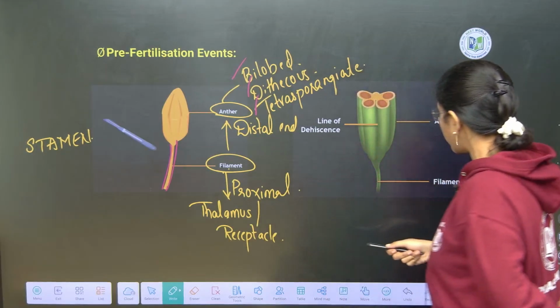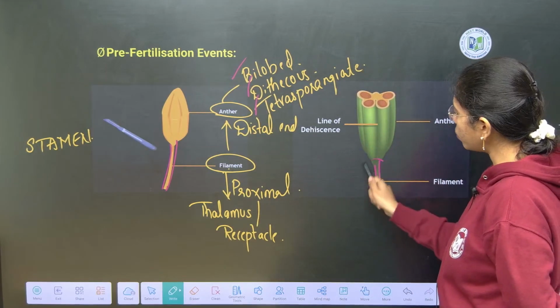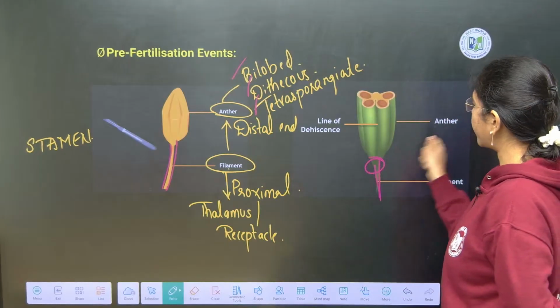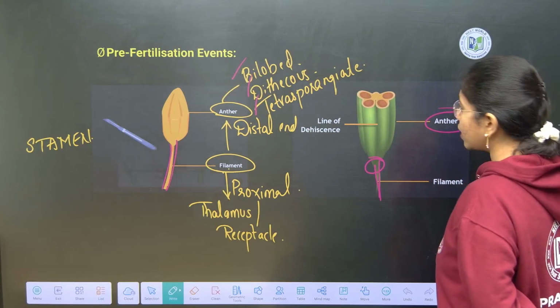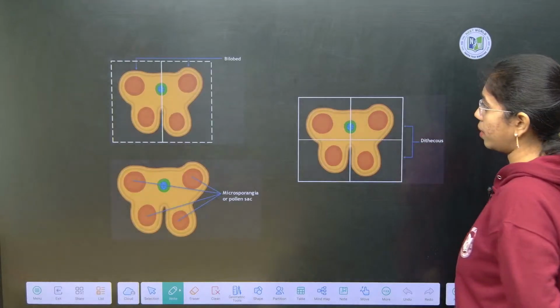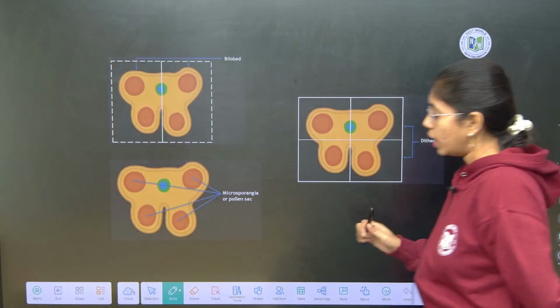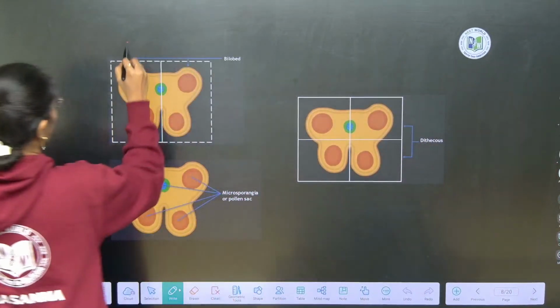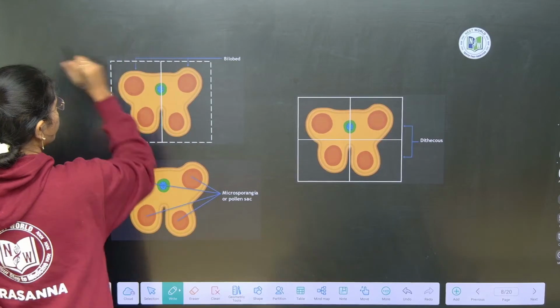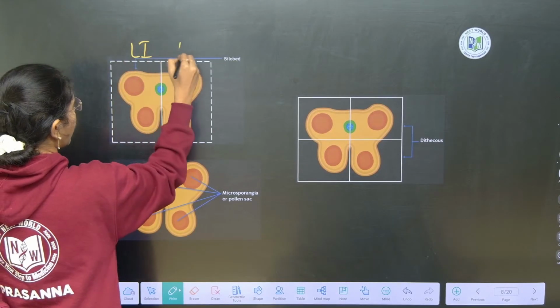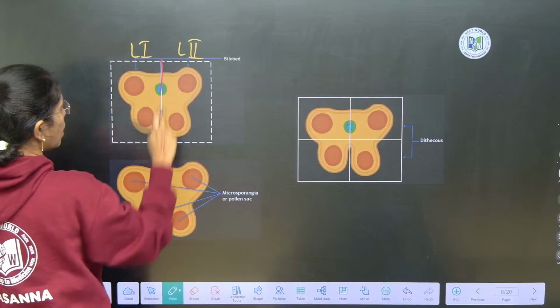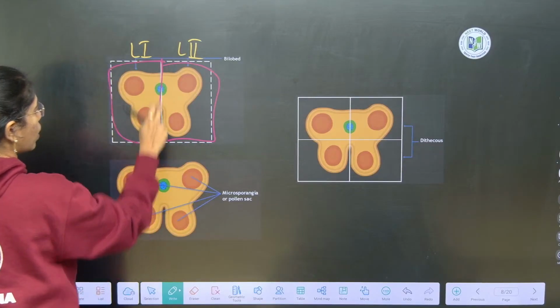Clear, right? Here you can see the clear structure of the anther. Anther is bilobed. This is lobe 1 and lobe 2.